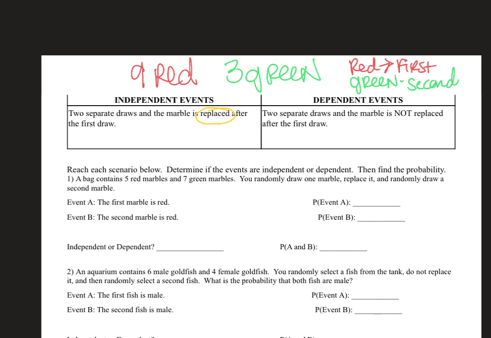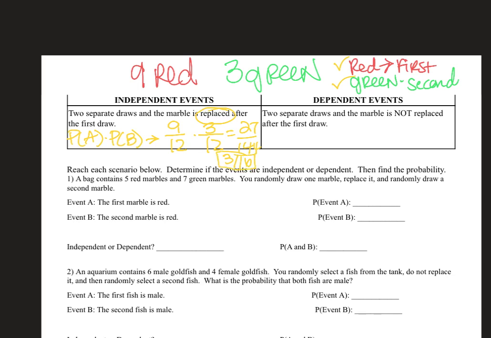So the probability of A times the probability of B. So the probability of me picking a red first is going to be 9 out of 12 times the probability of me picking green second. Now I'm replacing that, so there's still going to be 12 marbles in there. Now I need a green one, so my green one is 3. So this is 27 over 144, and that simplifies to 3 over 16.